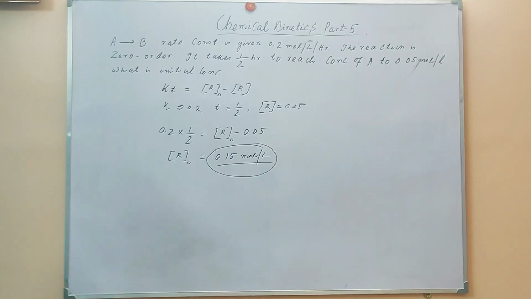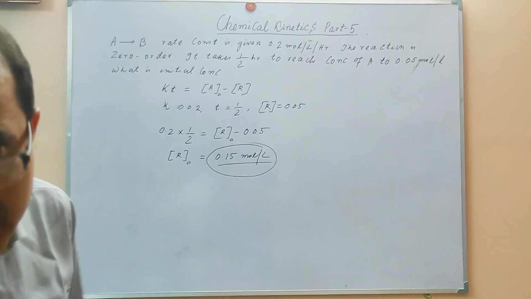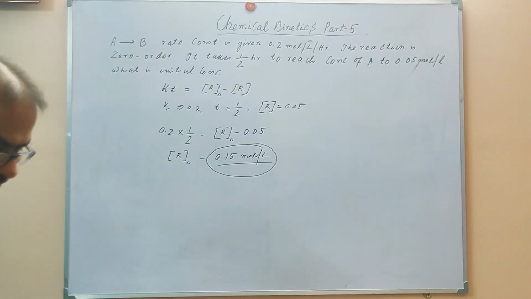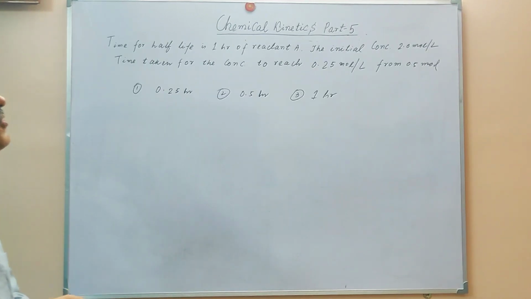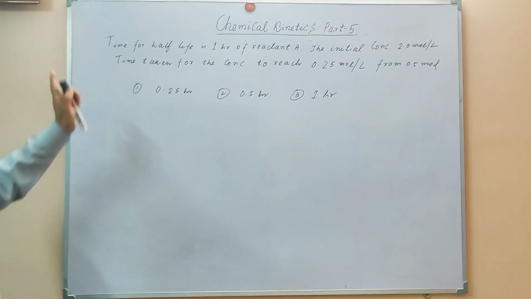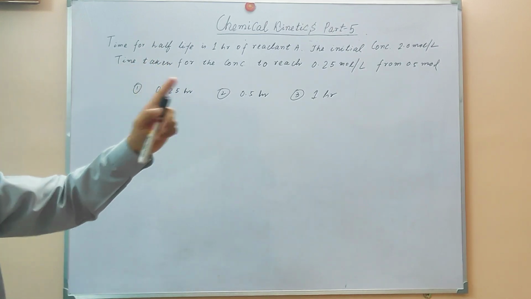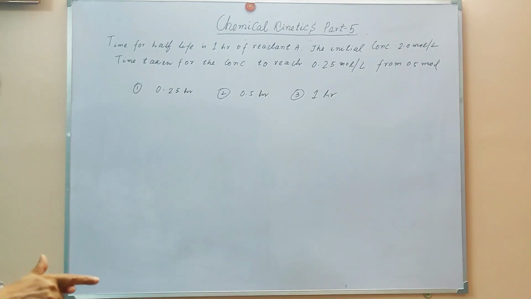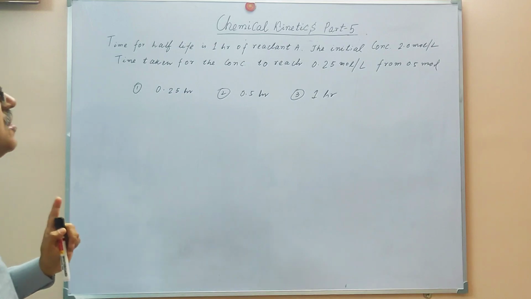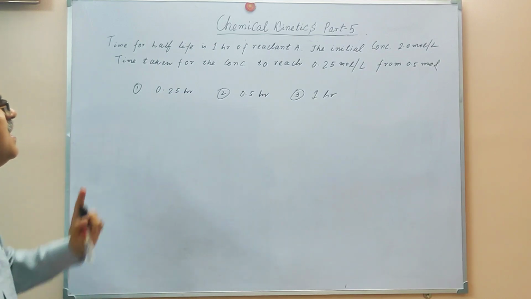Okay, this type of numerical will come, and I am going to give you another numerical. Here the half-life has been given. Time for half-life is 1 hour of the reactant A. Here initial concentration 2 mole per liter is given.